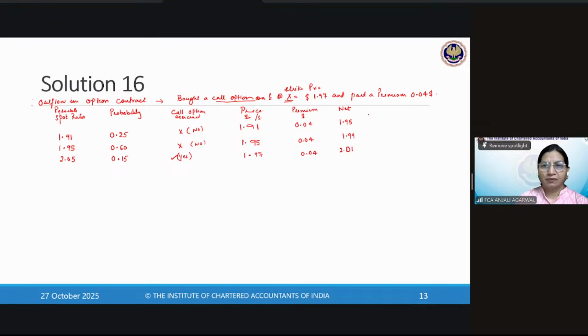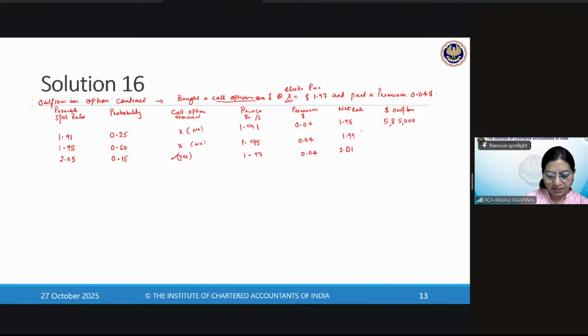Now, what is the payment then you will have to make? This is the rate which will be effective. So 1.95 into 300,000. In the first scenario, the outflow will be 5,85,000.